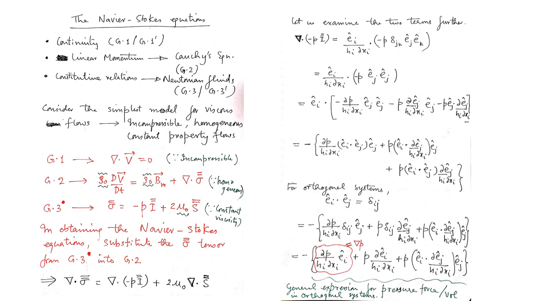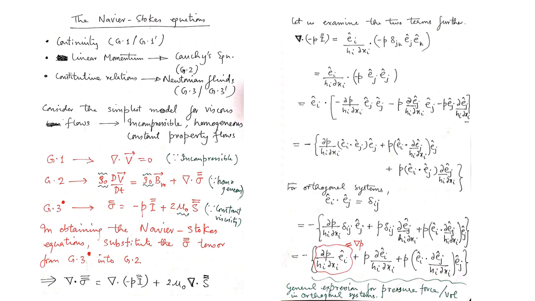Gradient is simply the del operator operating on a scalar-like quantity like pressure. So the first term is del P, so to say. Now the other two terms of course depend on what type of orthogonal system we are going to consider. So we will see both the coordinate systems that we have been talking about, the Cartesian as well as cylindrical.